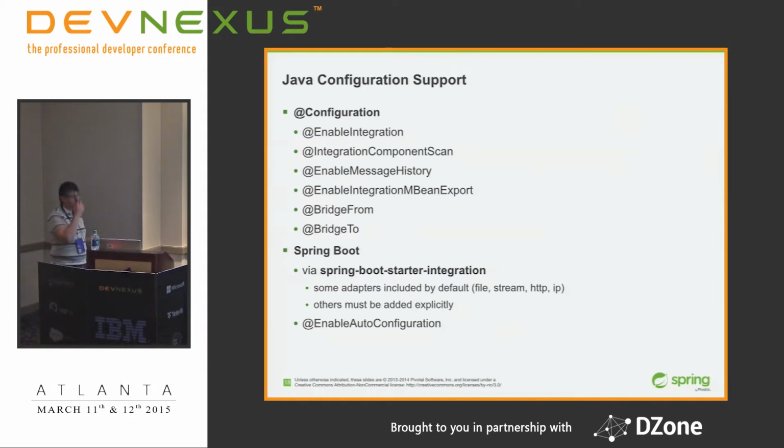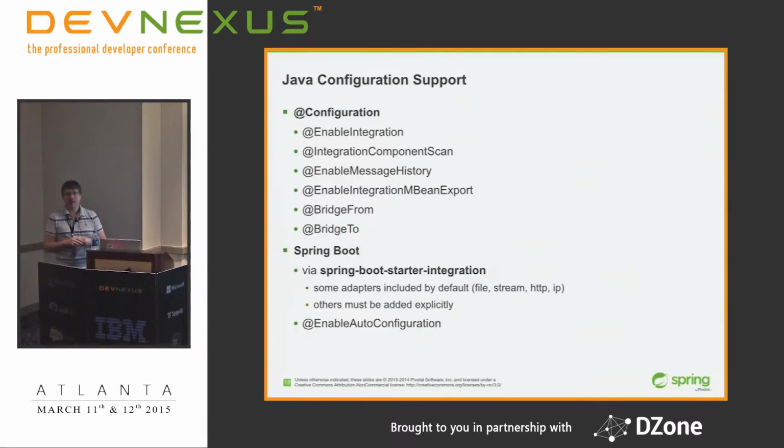Basically, they allow you to write your context definitions completely in Java. The other things they do is simplify things like, for example, the integration component scan, which is essentially the equivalent of the Spring Integration component scan XML.